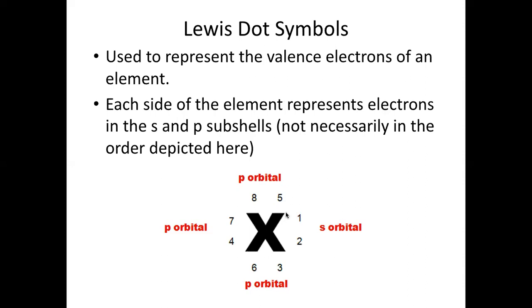And then we are going to put the electrons that are in that valence, that last energy shell, around it. So here, let's say we have a noble gas, and it's going to have a full outer shell of electrons, which should be 8. So we put 1, 2, 3, 4, 5, 6, 7, 8.